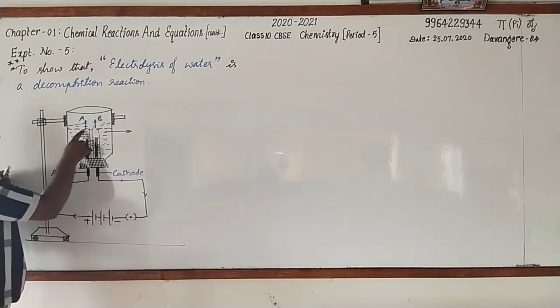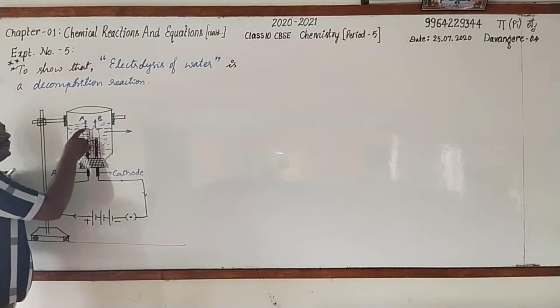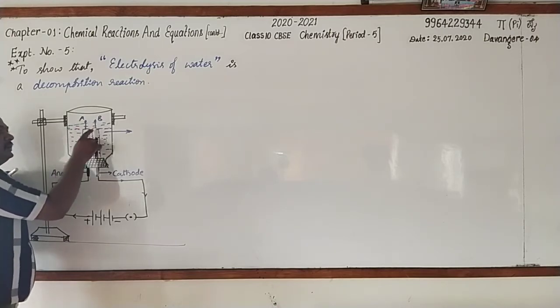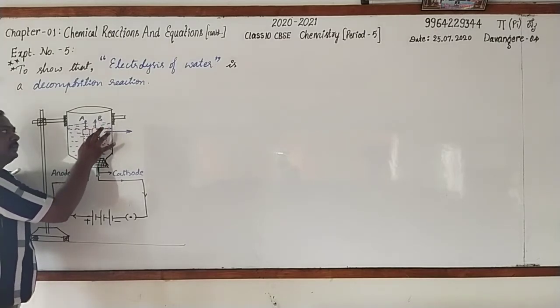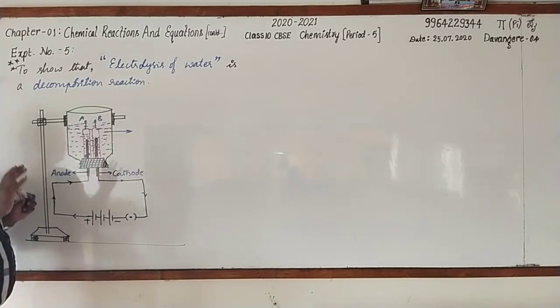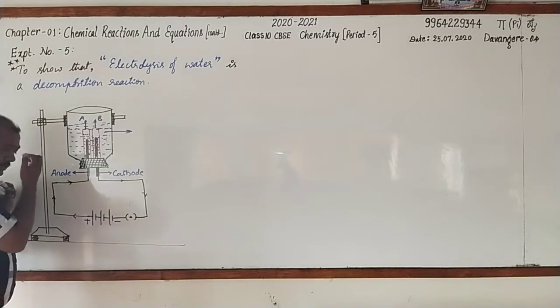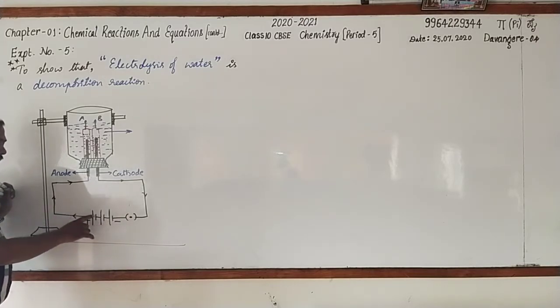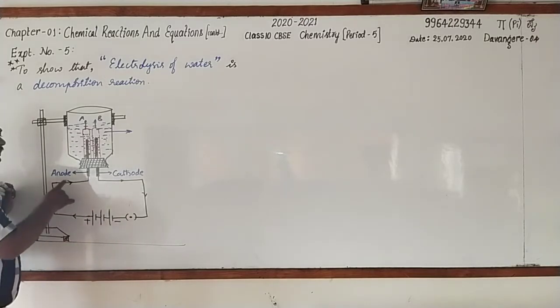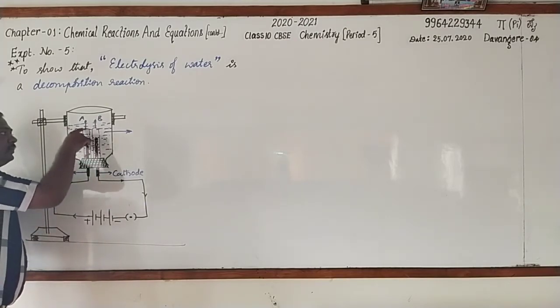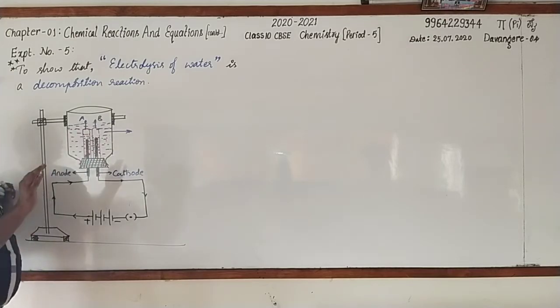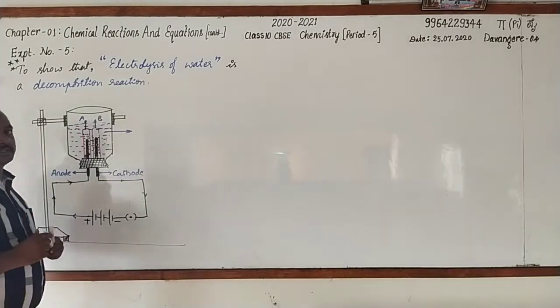You can notice that the amount of gas collected in test tube A is half of the amount of gas collected in B, or the volume of gas collected in B is double that of A, right? Then just continue to flow the current in this circuit such that both the test tubes are completely filled with the gases.